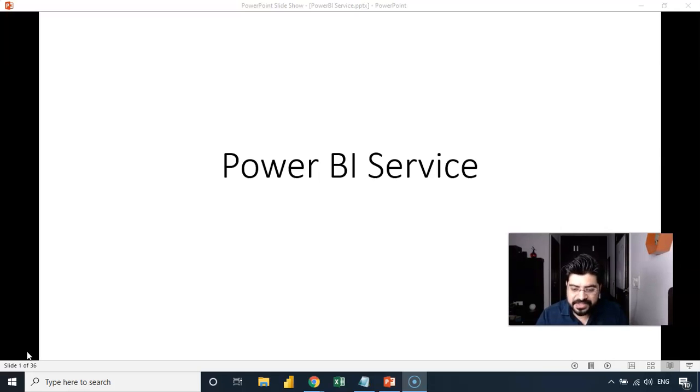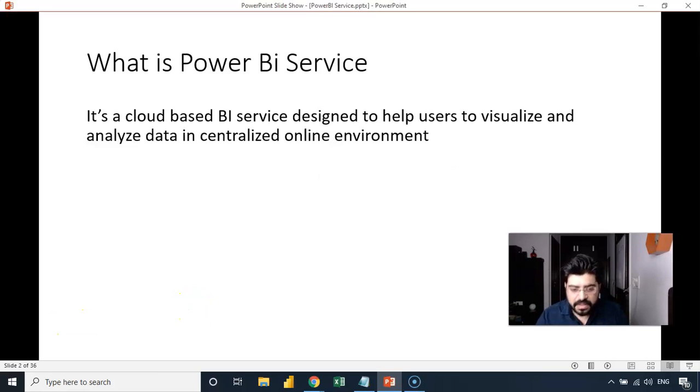So what is Power BI service? It's a cloud-based BI service designed to help users visualize and analyze data in a centralized online environment. Keep it very simple. The way we have used the Power BI desktop application, the same thing is there on Power BI service, but it lacks a few major components.